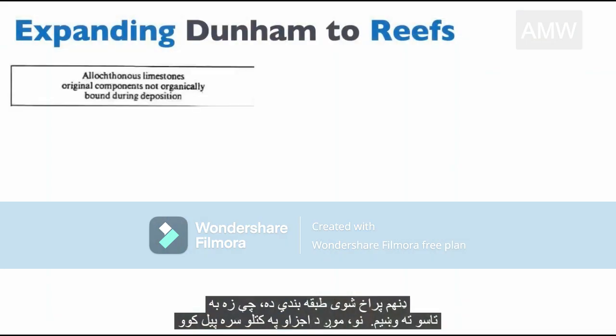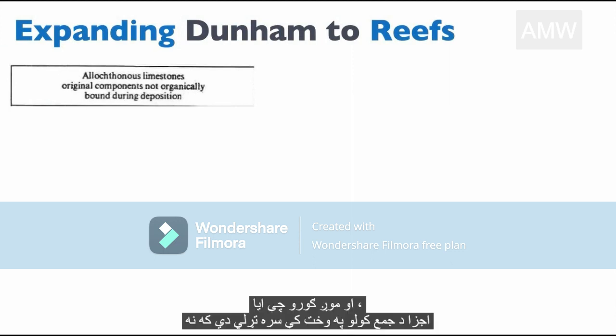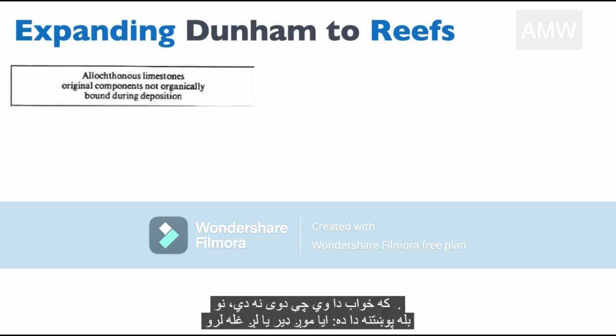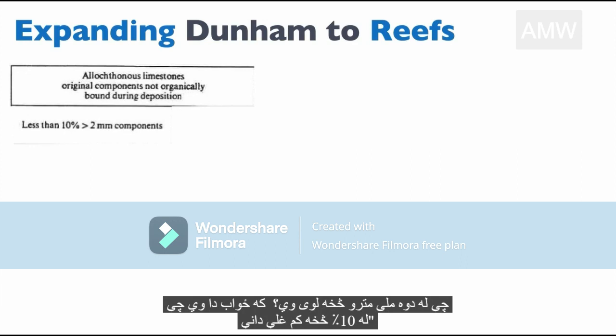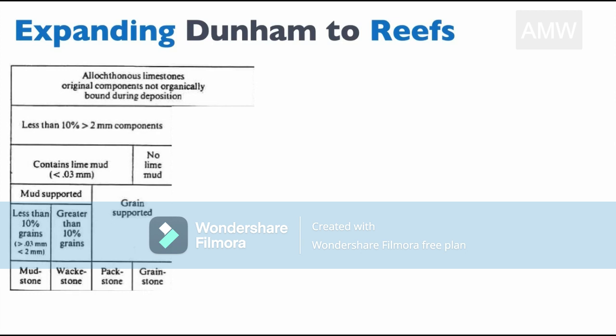So we start by looking at the components, and we look at whether or not the components are bound together at time of deposition. If the answer is they're not, then the next question is, do we have more or less grains that are larger than 2 millimeters? If less than 10% of grains are larger than 2 millimeters, then we use our traditional Dunham classification that we've covered before.